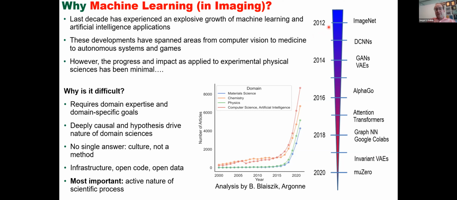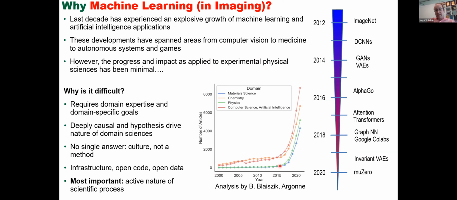The interesting thing is that ML has actually existed for a while, but the time of the exponential growth of ML is purely a matter of the last decade. So there was a lot of enthusiasm in areas from computer vision to medicine to autonomous systems. But the interesting thing is that the progress and the impact as applied to experimental physical sciences have been minimal so far.